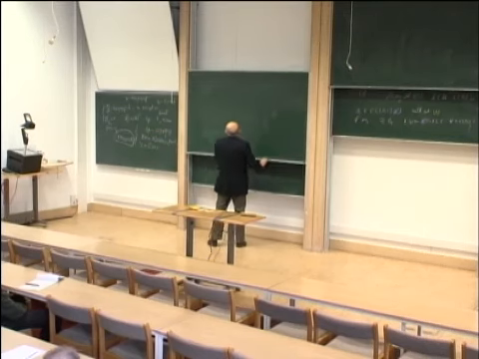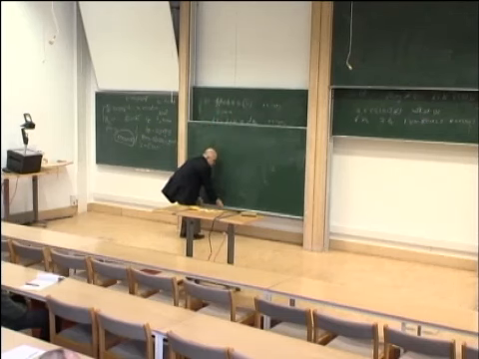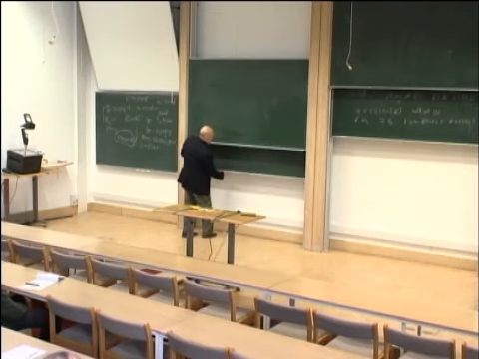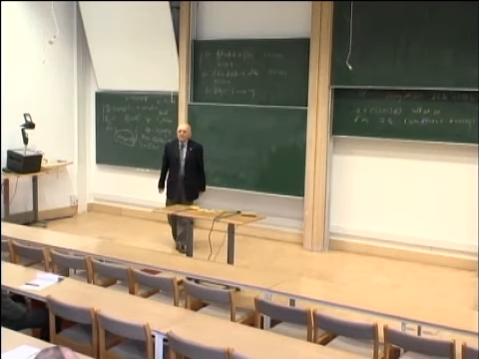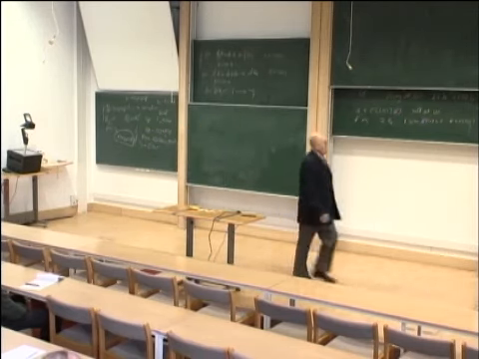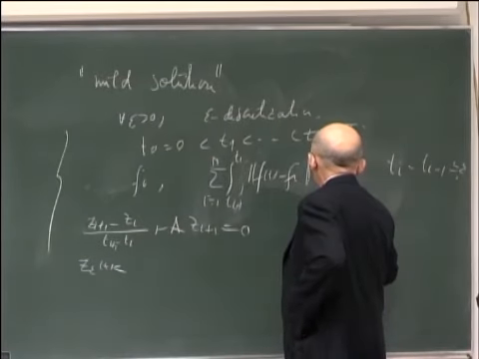Excuse me, what is zeta epsilon? Correct, this zeta epsilon is this Peano approximation in the definition. Yes, this function here is called an approximating solution.